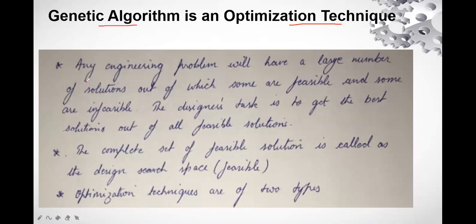Now when we say genetic algorithm is an optimization technique, we are saying any engineering problem will have a large number of solutions, right, out of which some are feasible and some are infeasible. Now the designer's task is to get the best solution, just focus on this point, best solution out of all the possible feasible solutions.